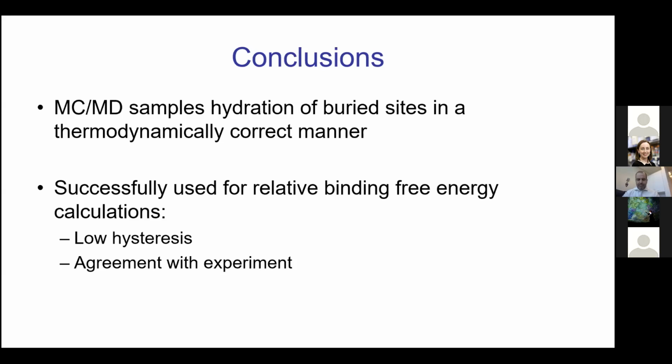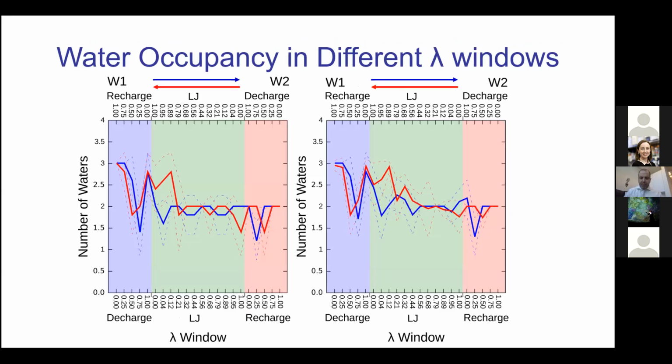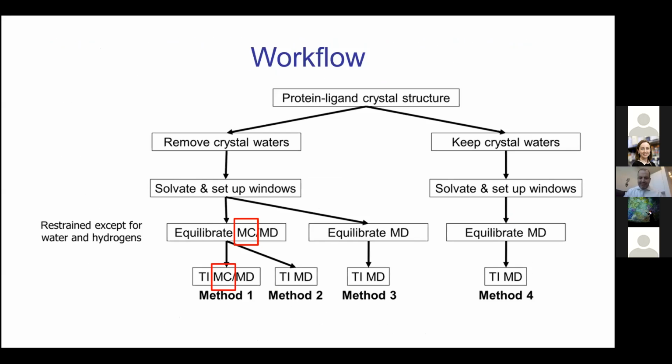Okay, thanks. Then the next question is by Jacob Littman. Have you found any advantages to method 1 versus method 2? Using the MCMD solvent placement only as an equilibration step makes it easier to incorporate into other workflows. We were thinking about it.